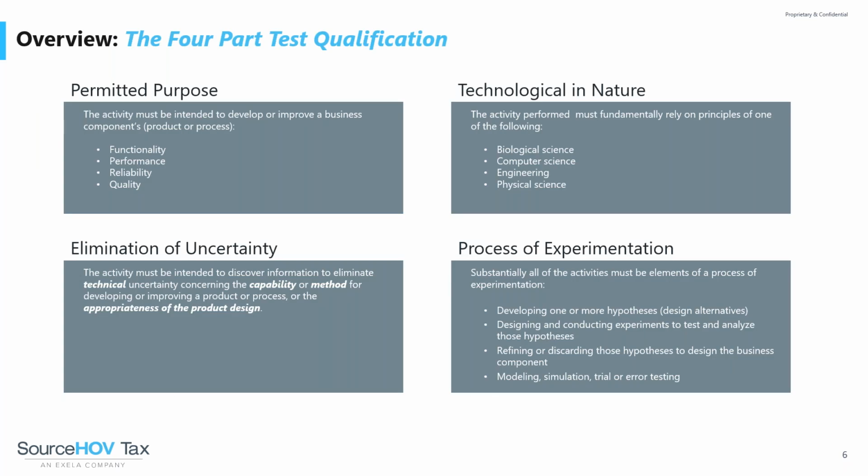So everything with regard to the R&D tax credit starts with this four-part test. The four-part test is how we determine whether or not a project is R&D qualified. And by its nature, the R&D tax credit is a project-based credit.